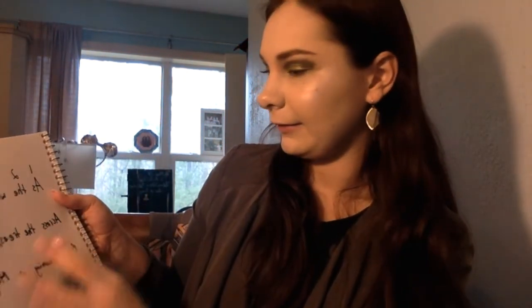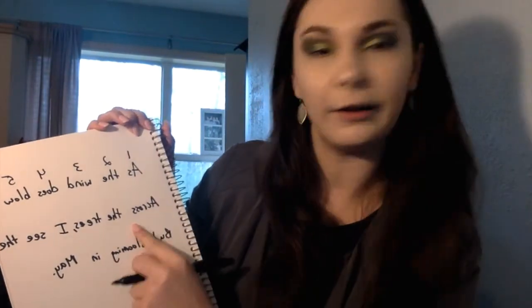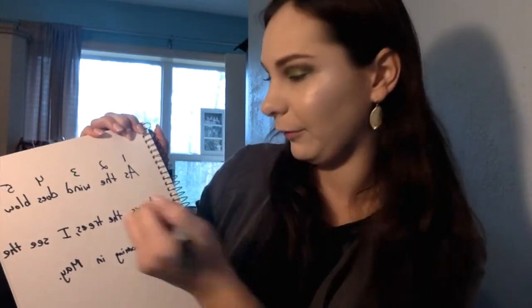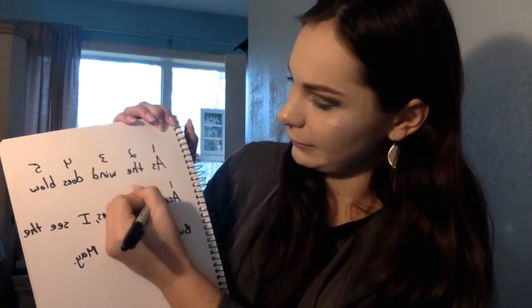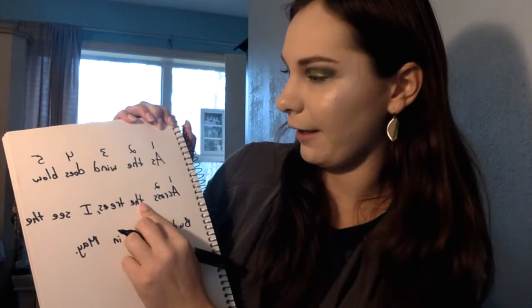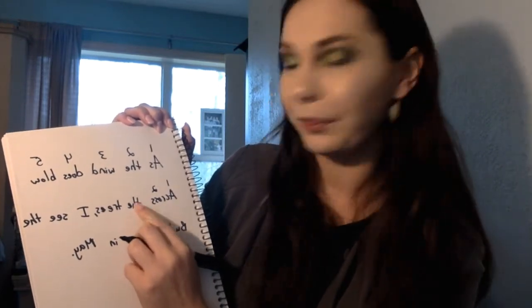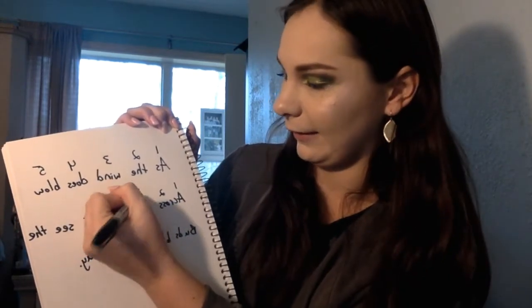The second line is, across the trees I see the. This one's got a little more complexity because that first word, across, is 2 syllables. Then the, again a 1-syllable word, is the 3rd syllable of this second line.